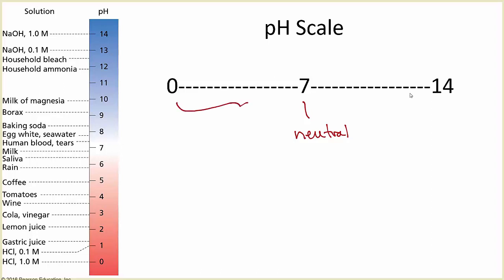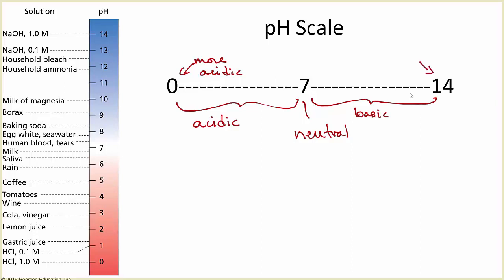That's this range here. These are typically considered as acidic. And if you're thinking about it in terms of magnitudes, this is more acidic. Lower pH means more acidic solutions. On the other hand, above 7, that's this range here, these are considered to be basic.